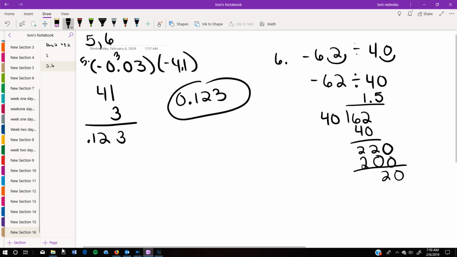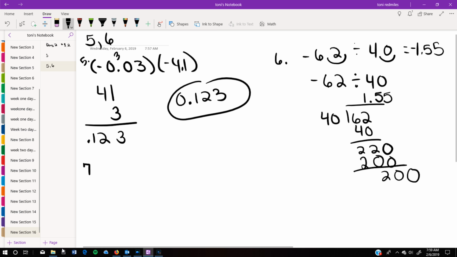Because I have a decimal point in my problem, I can add as many zeros as I want, and I know that 40 goes in 5 times. So I know that my answer is going to be 1.55, but if I have a positive and a negative number in division, it's going to be a negative answer. Okay, go back to the negative and positive videos if you're having trouble with this.